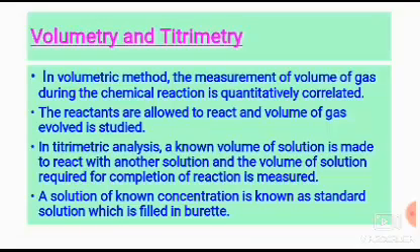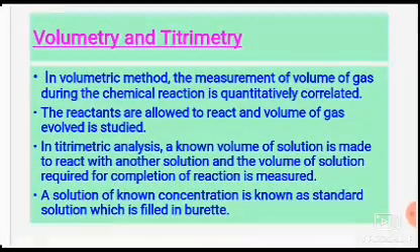That solution is known as titrant and you add it in small batches, small amounts. We always add very little titrant in the conical flask, never in bulk. So 0.5 ml, 0.5 ml, that way we perform our titration. The solution whose concentration is to be determined is taken in a conical flask, and to it you add your burette solution. The solution of known concentration is also known as standard solution, which is filled in a burette.